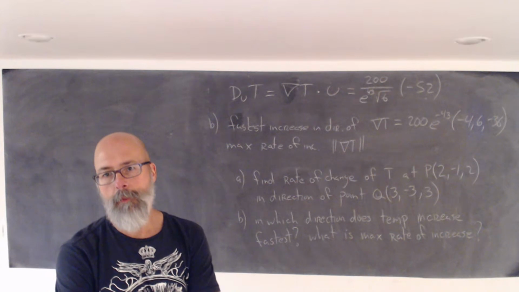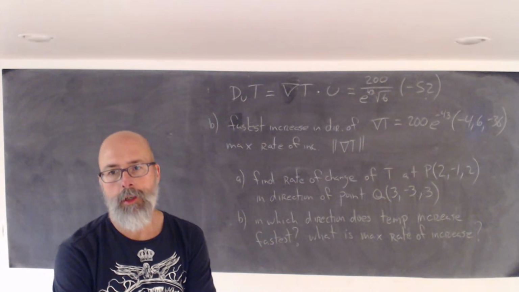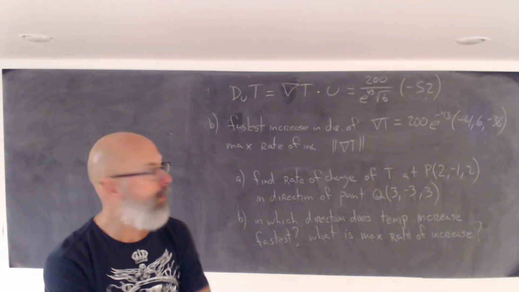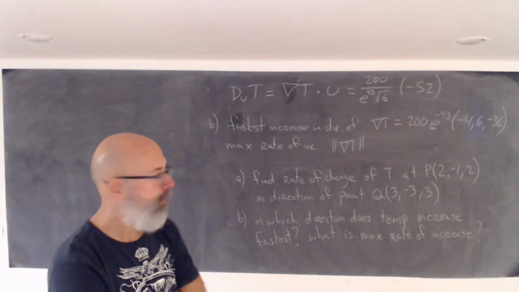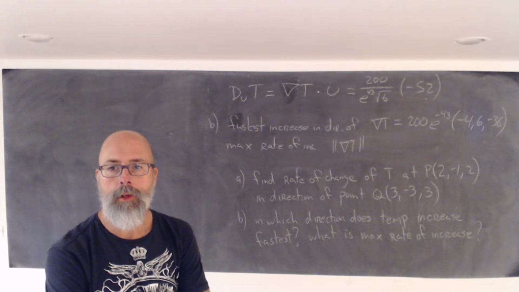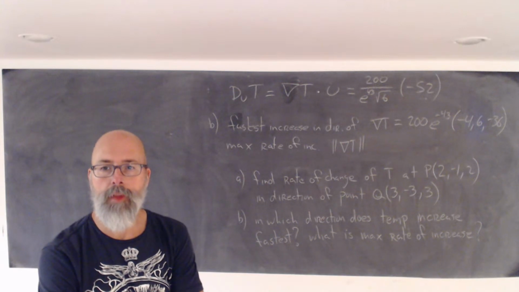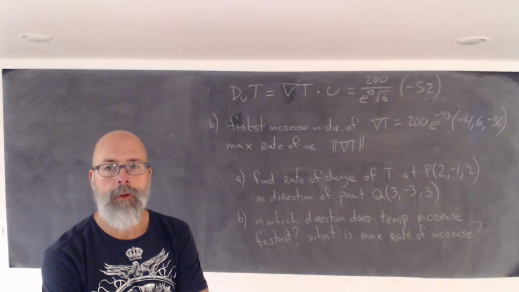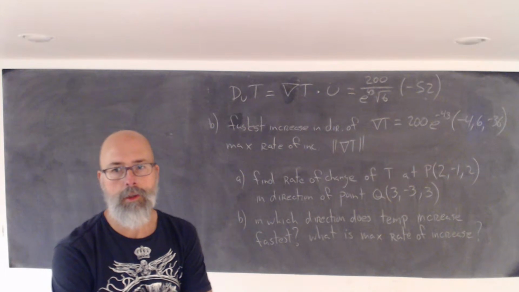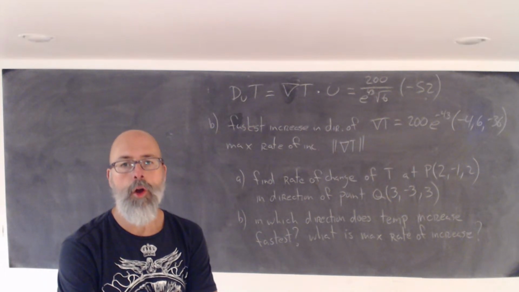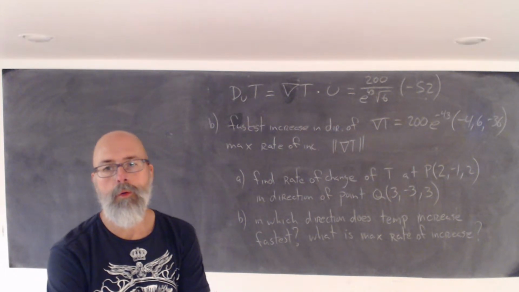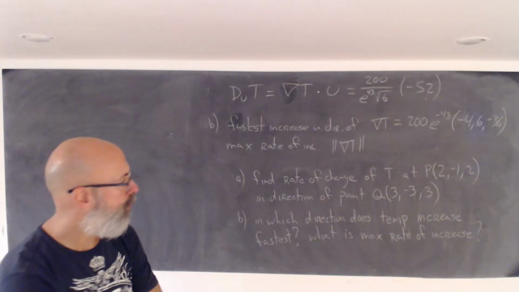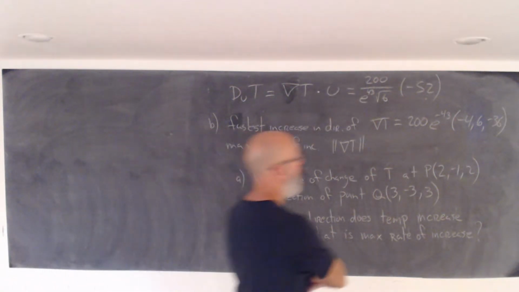If we're asked to find the maximum rate of increase for (-2, 1), minus (2, -1), is it just the negative of that? No. First of all, it's a completely different point.